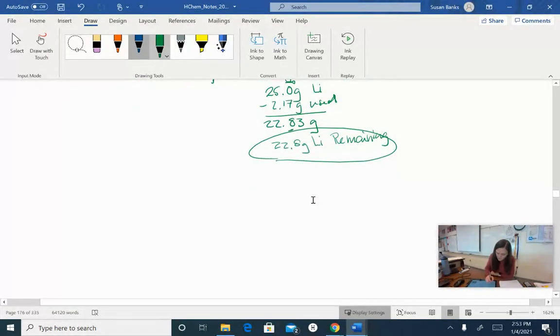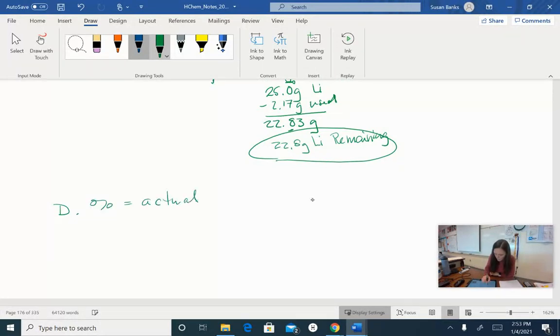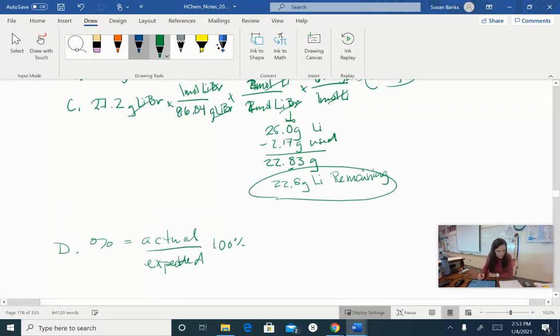Now remember, for percent, we have the actual divided by the expected multiplied by 100%.